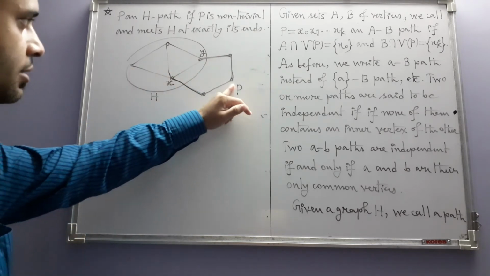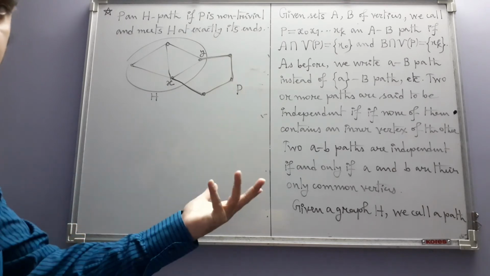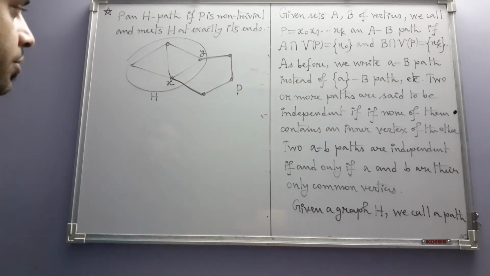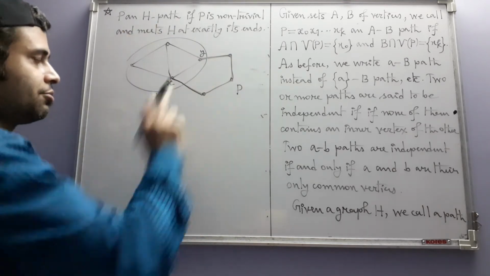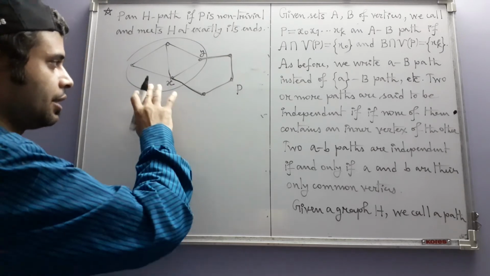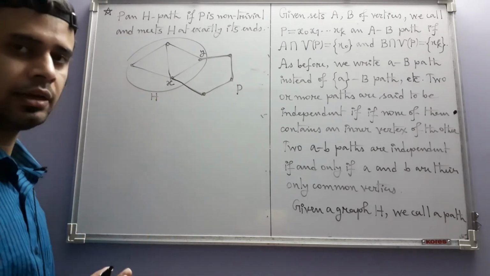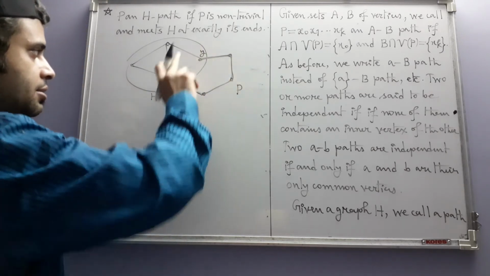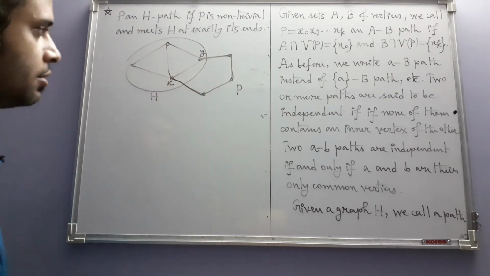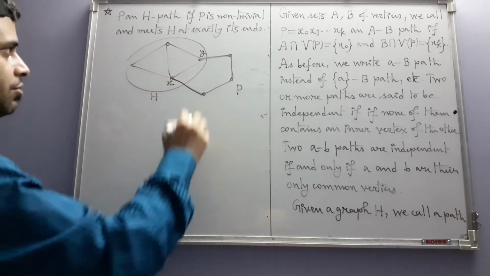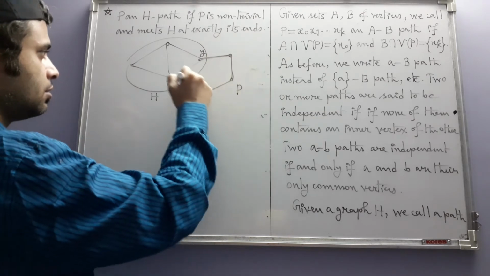The inner vertices and the edges incident on them are not parts of H. Okay, they are not inside H, or they are not vertices or edges of H. If that happens, then we call this path an H path.